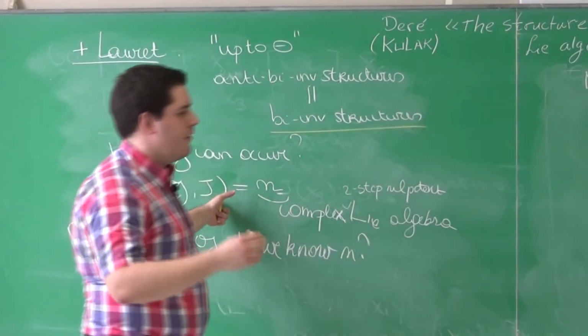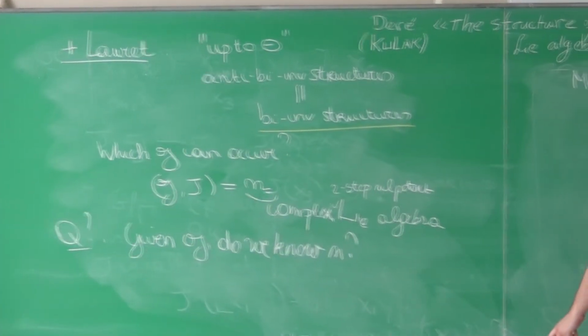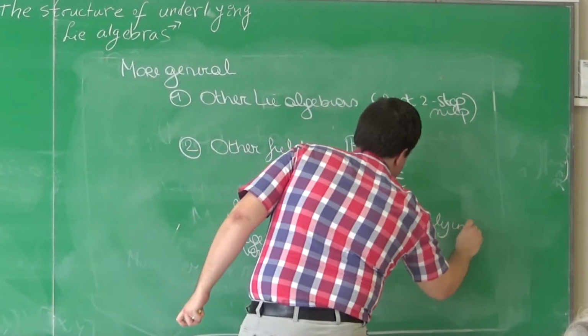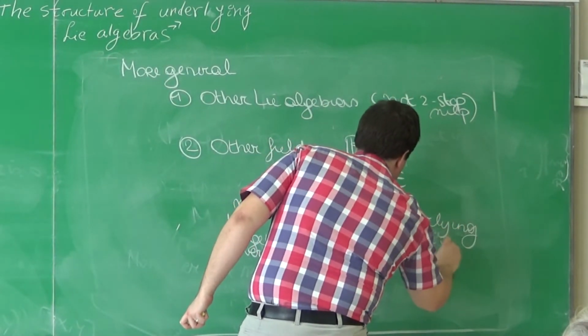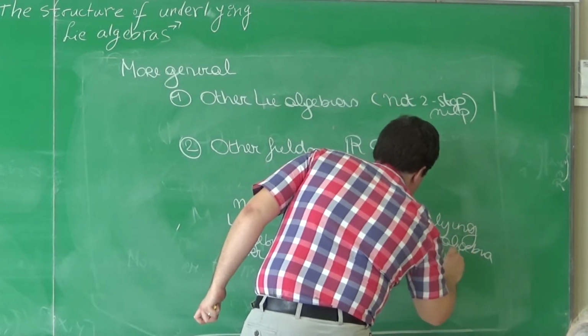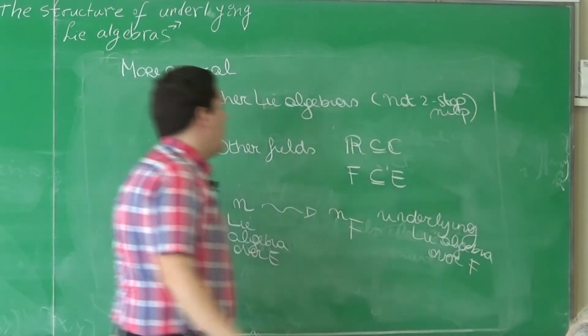It's forgetting that it's a Lie algebra over E. You just consider it as a Lie algebra over F. And we call this the underlying Lie algebra.